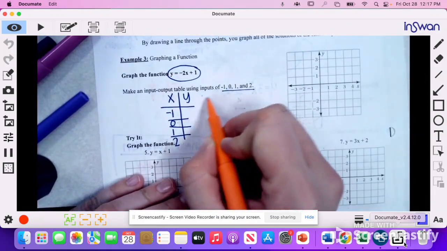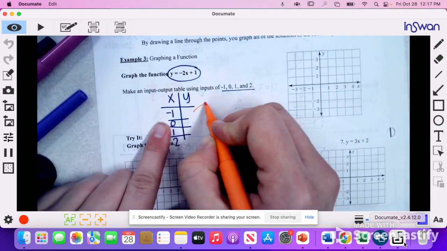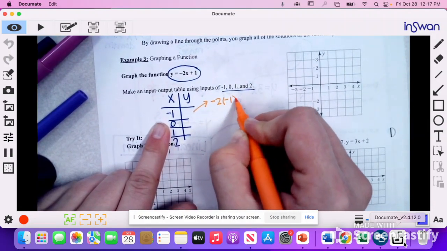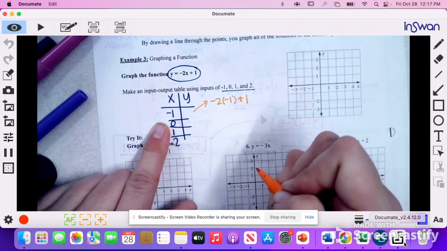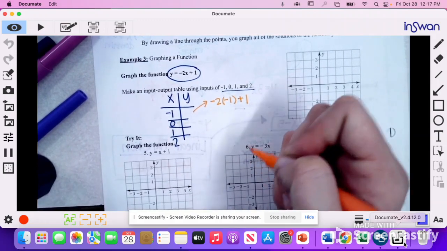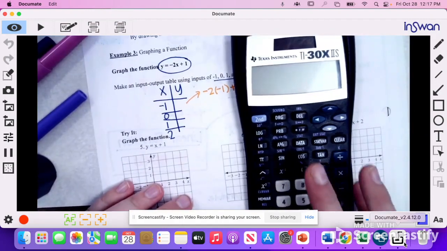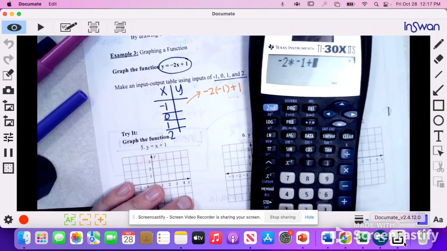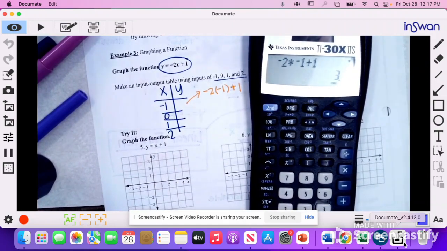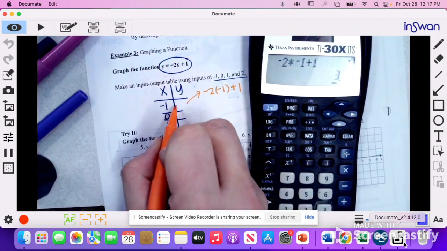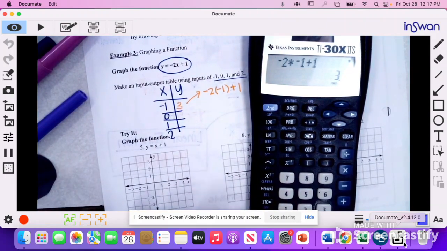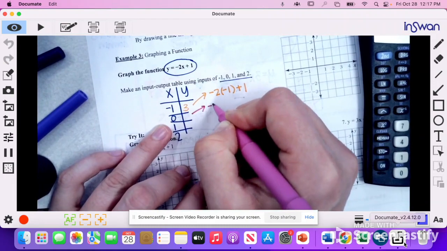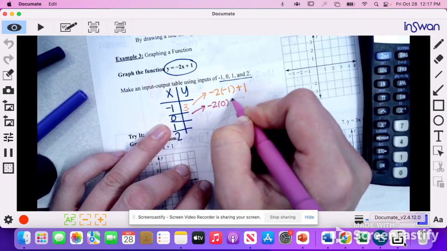So I'm going to plug these in to my x value. Negative 2 times negative 1 plus 1. What do I get? Okay. For the next one, I'm going to plug in 0.